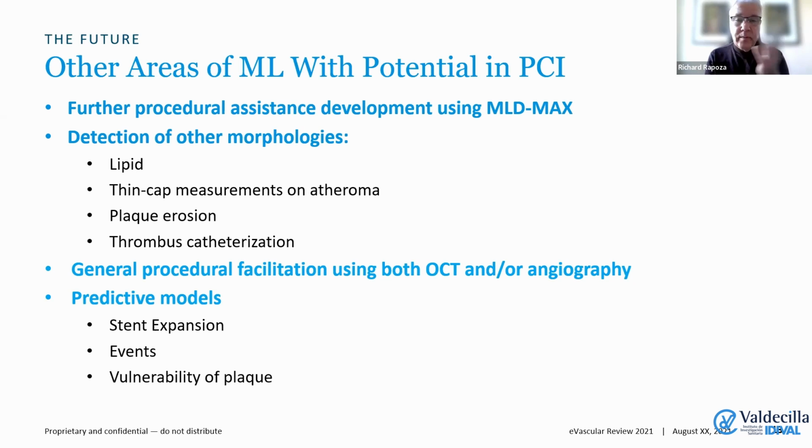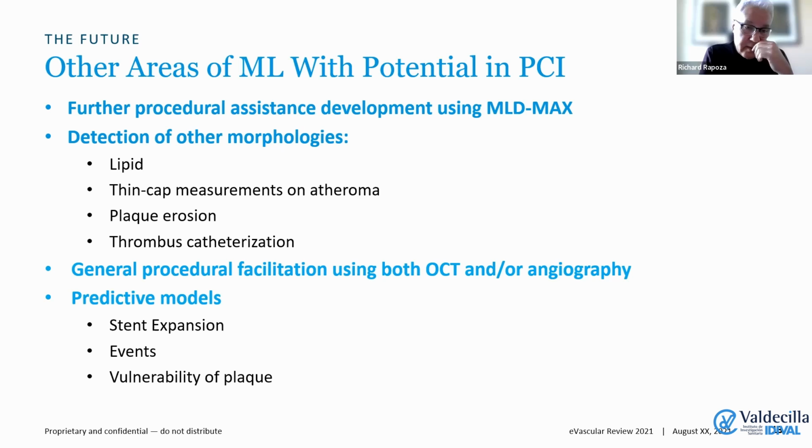And then in the future, we would develop models that say this lesion is more amenable to cutting balloon, for example. This lesion is more amenable to lithotripsy or plain old high pressure dilation. And then based on the plaque morphology, we could probably detect which one of the techniques will lead to a higher percent expansion probability.